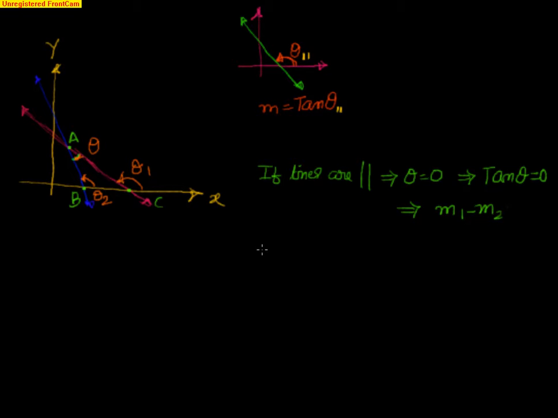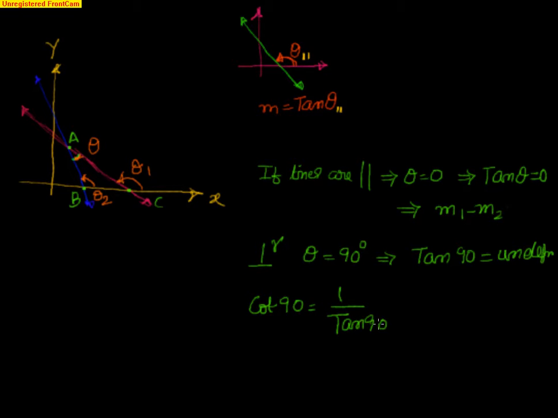Now let's take the other case when they are perpendicular to each other. When they are perpendicular to each other, theta equal to 90 degrees, right? This theta, whatever we are talking about. So that gives me tan 90, which is undefined. So what I will do? I will go for cot 90. What is cot 90? Nothing but 1 by tan 90, and it should be equal to 0, right?